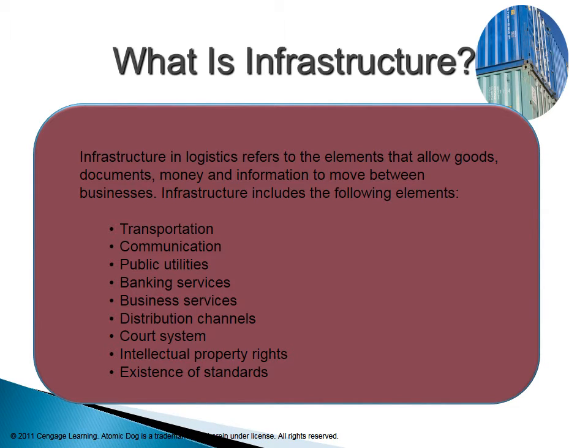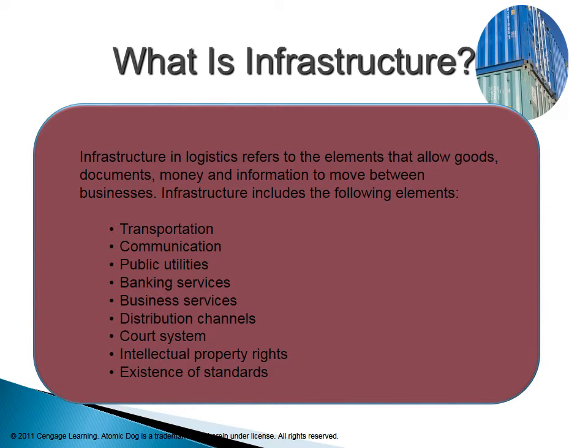The components include transportation, communication, public utilities, banking services, business services, distribution channel, court system, intellectual property, and existence of standards. Now we'll look into each of these elements or components of logistics infrastructure one by one.